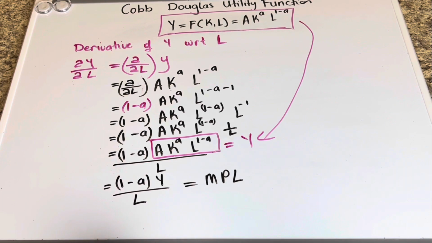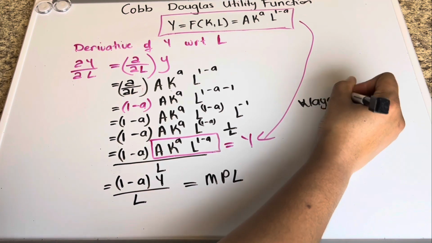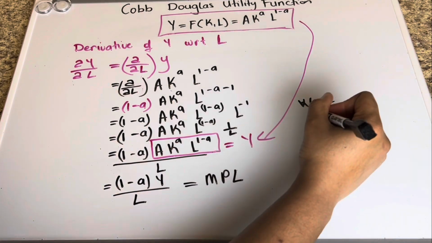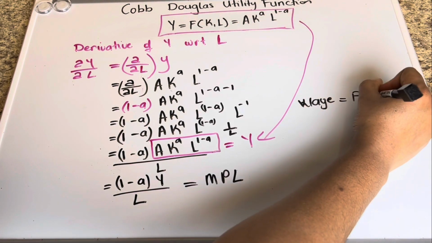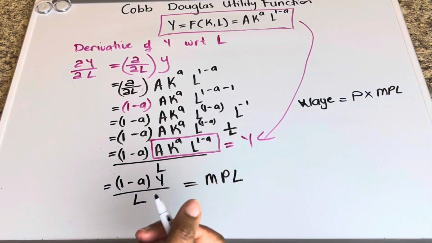So we're looking at the wage. Let me write it here real quick. Wage will be equal to price times MPL, the marginal product of labor.